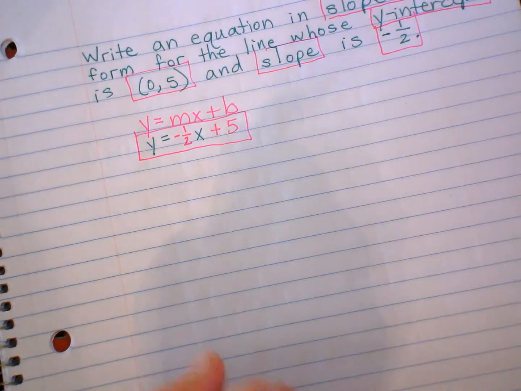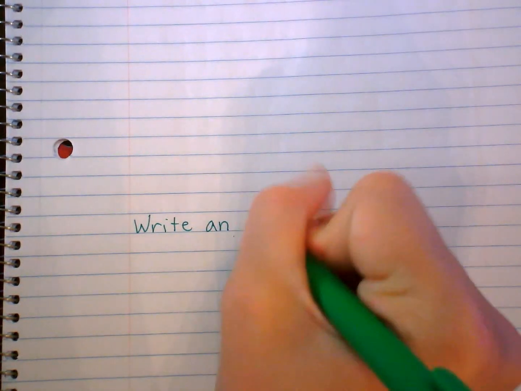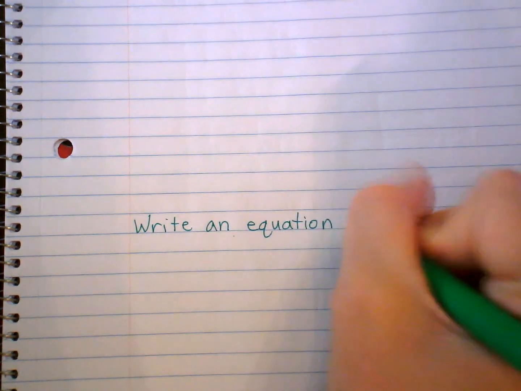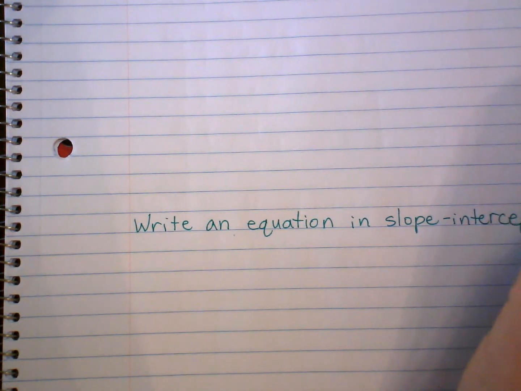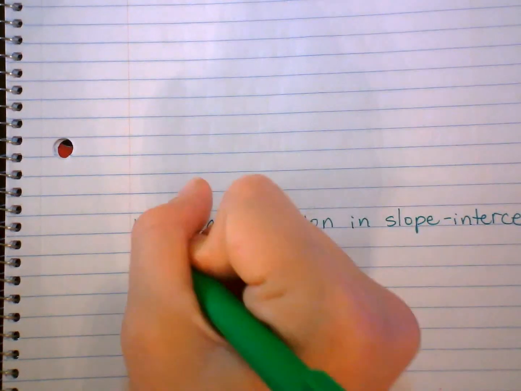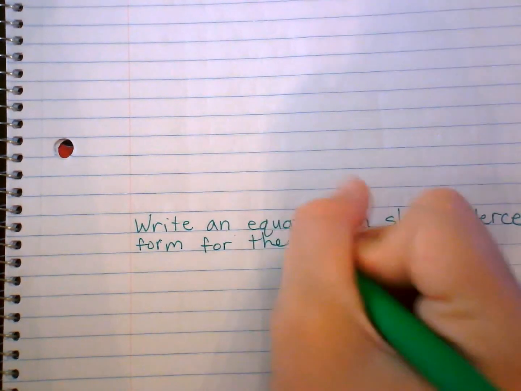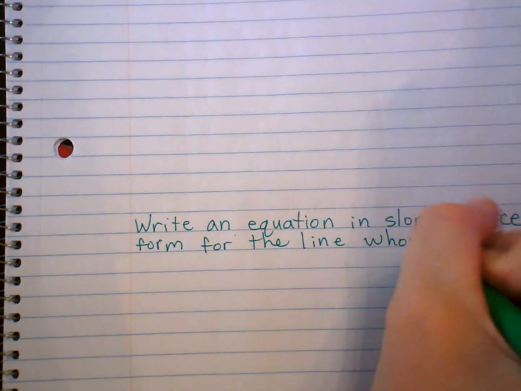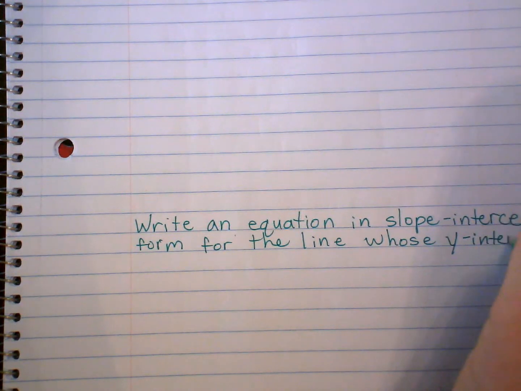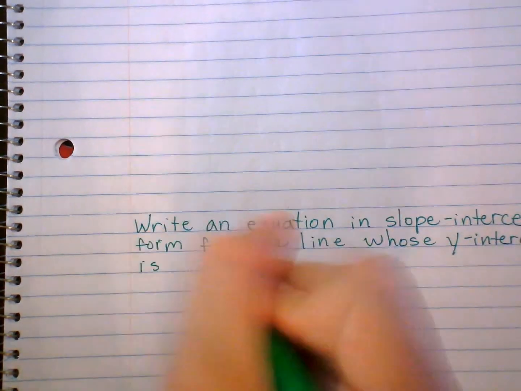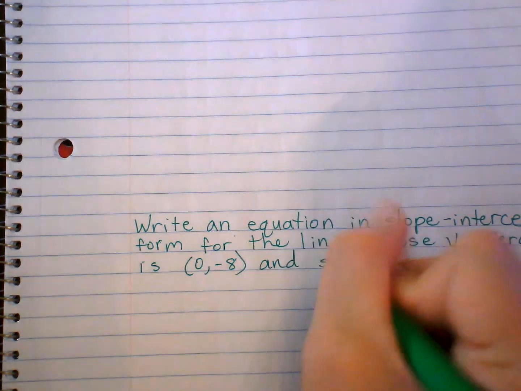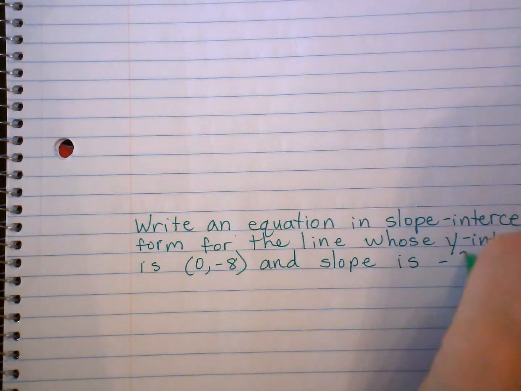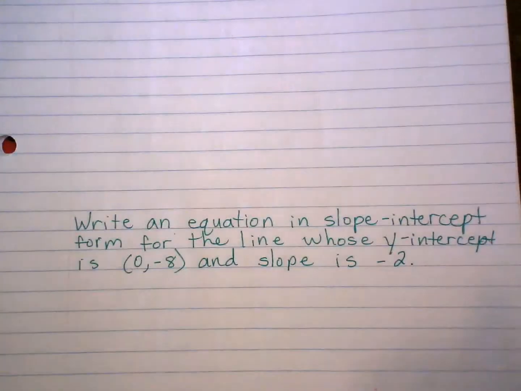Okay, so write an equation in slope-intercept form for the line whose y-intercept is (0, -8) and slope is -2. Okay, so after you write this, I want you to try this one on your own.